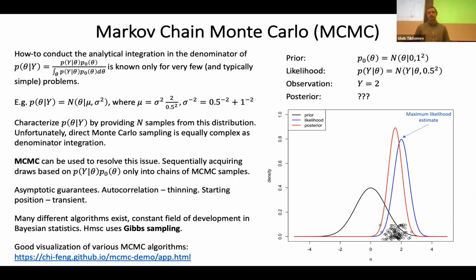If you start with your parameter value far away from the true posterior, then it's inevitable that in the first part of your MCMC sampling chain you're going to spend time in areas which have significantly less posterior probability than they have according to the true posterior.